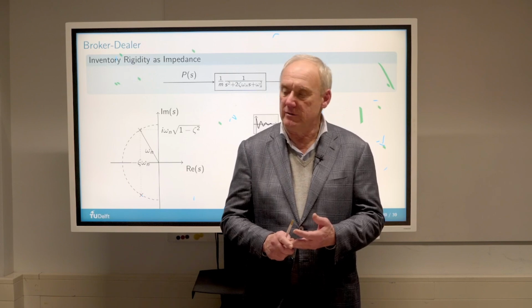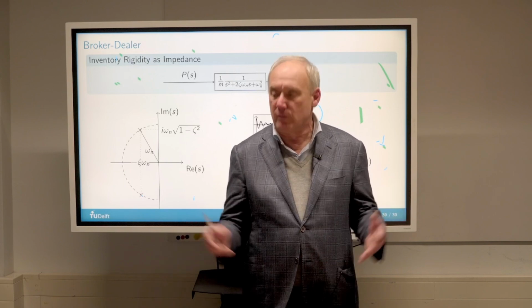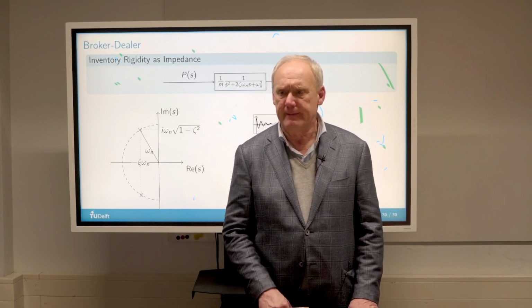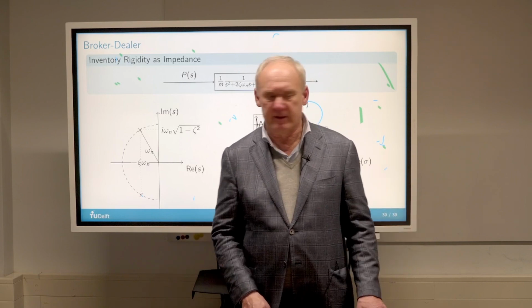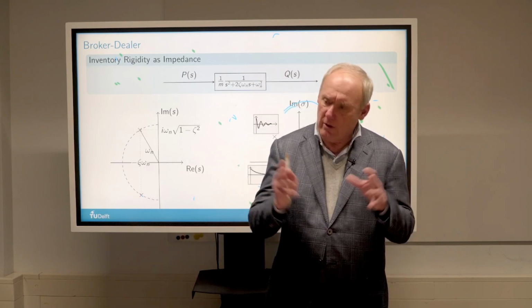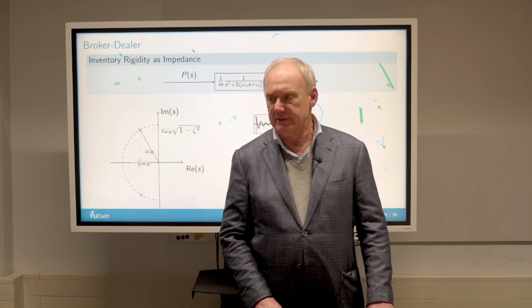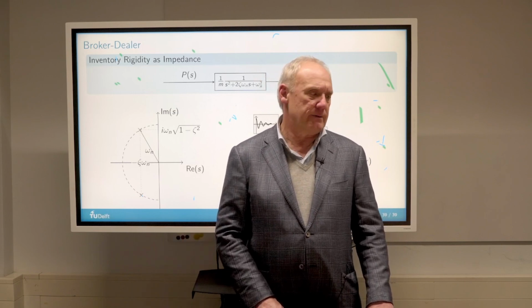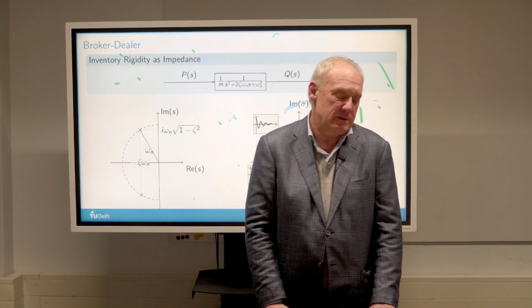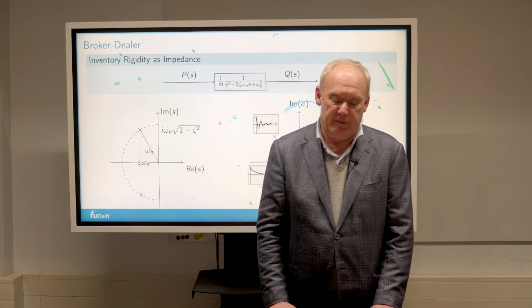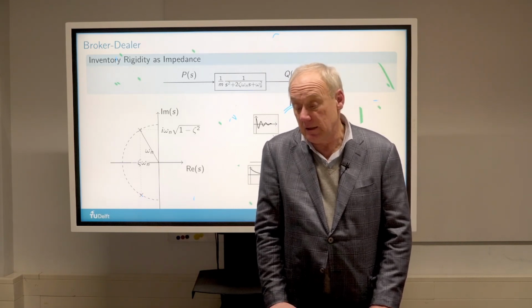If you do it in the frequency domain, you just throw everything into one complex impedance. You don't sit there with all these different elasticities. You do one complex elasticity or transfer function, and you're done with it. You can characterize your system with Bode plots. So you just need to keep track of the amplification, the gain, and then the phase shift.